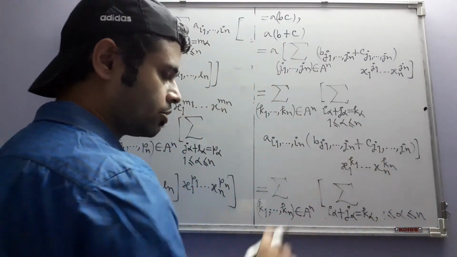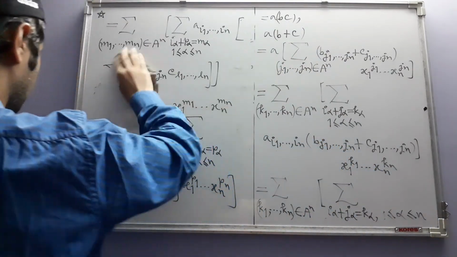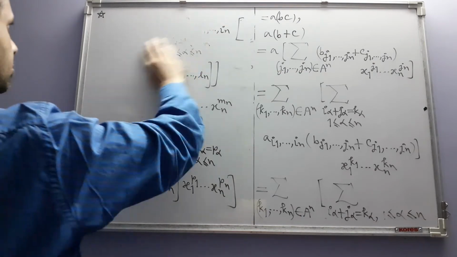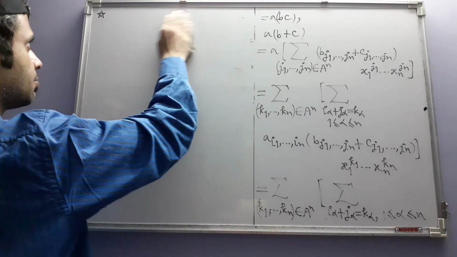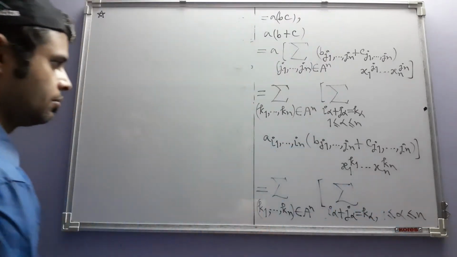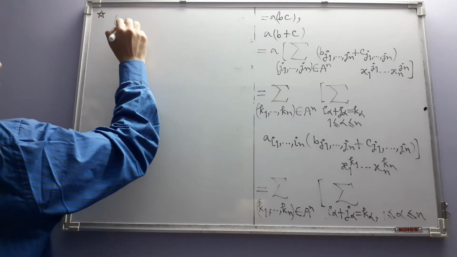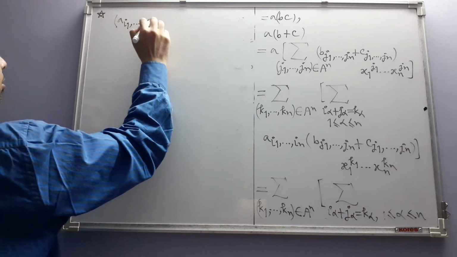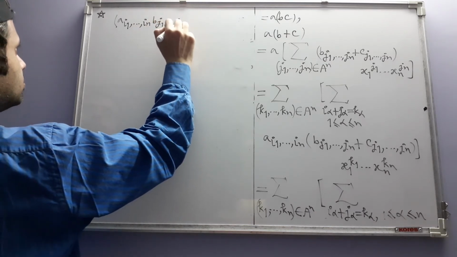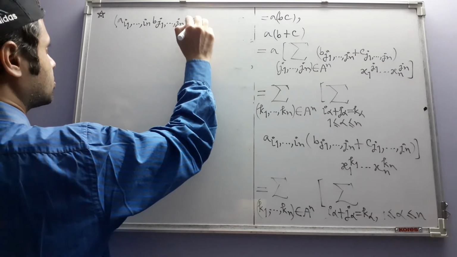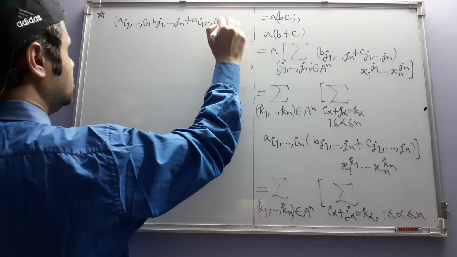And this is just going to be a use of the ordinary distributive law that we have in the ring R. So we will write B J1 J2 up to Jn plus C.